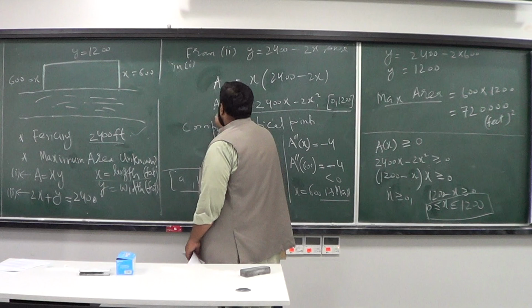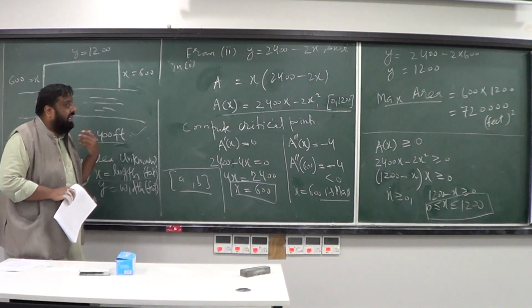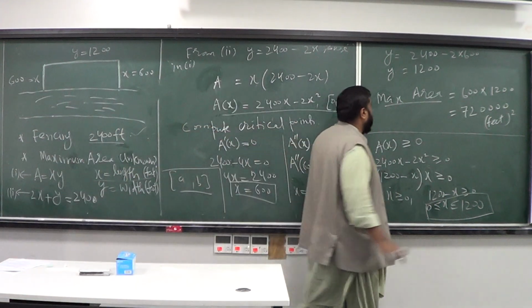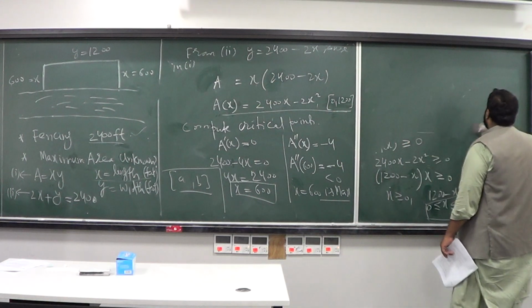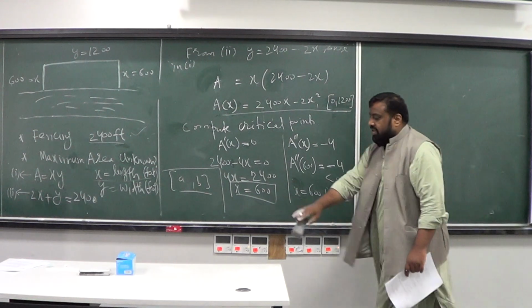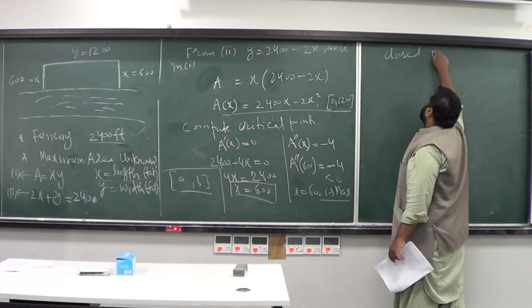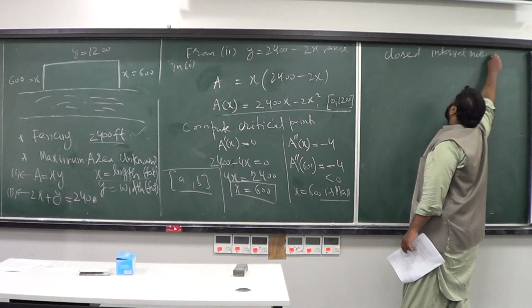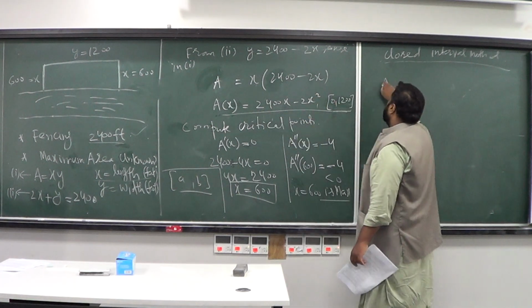Once you know this result, then through the closed interval method, if you want to make a conclusion, you need to compute your area at 3 points.